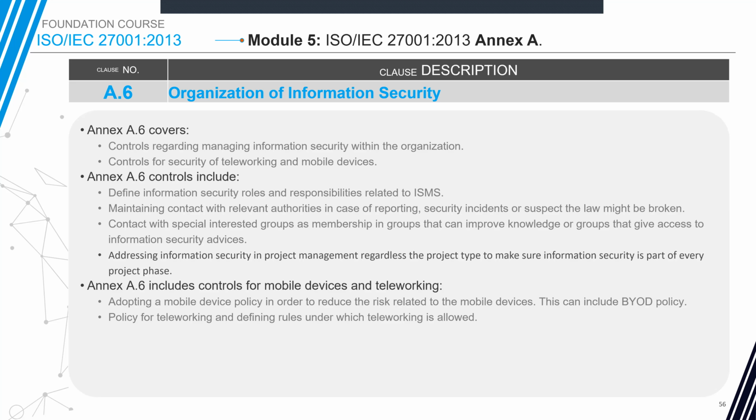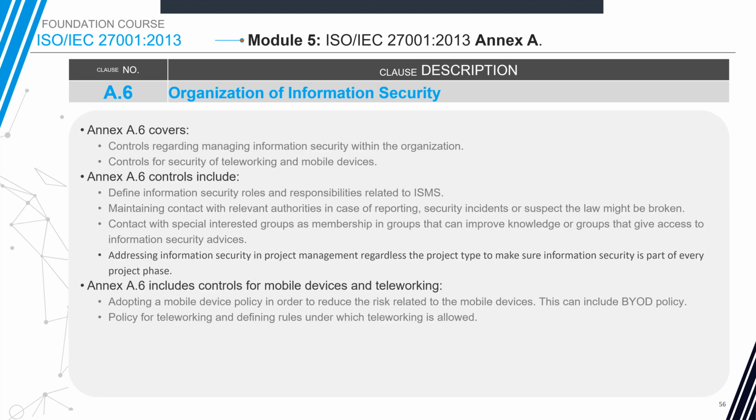Take care, because this point, in some situations, will cause conflict. What is the relation between ISO 27001, which is ISMS, information security management system, and project management? You will find more details about it in Appendix number 6. And as we mentioned, in Annex A we have controls for information security in organization and for teleworking and mobile devices.